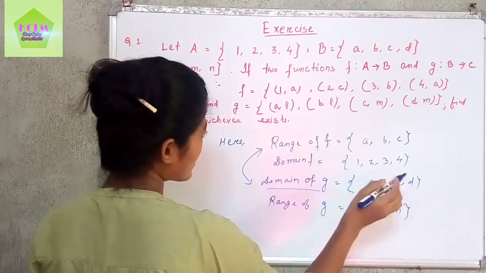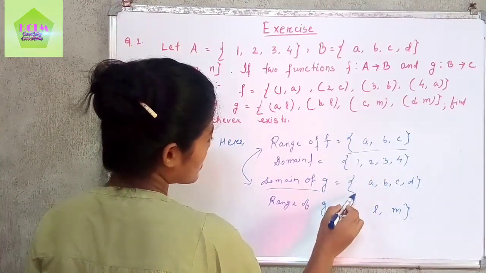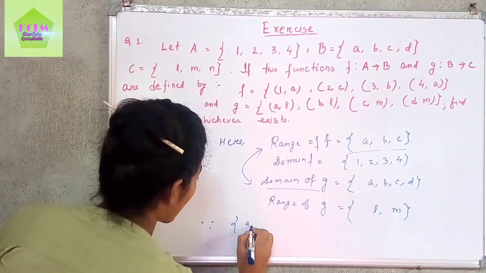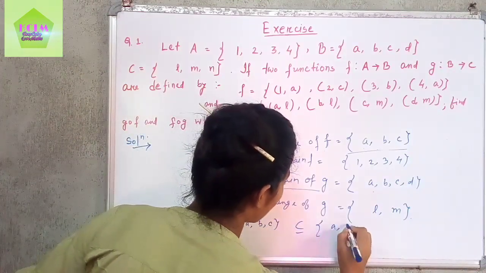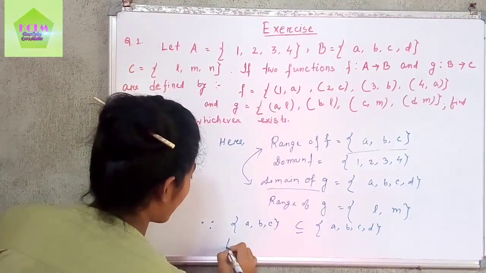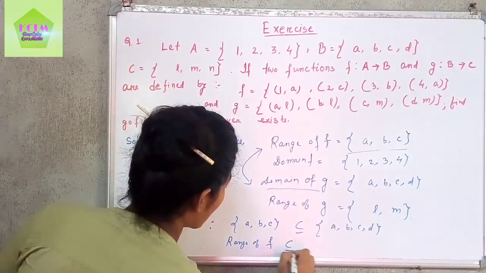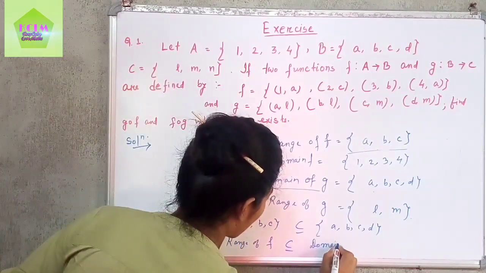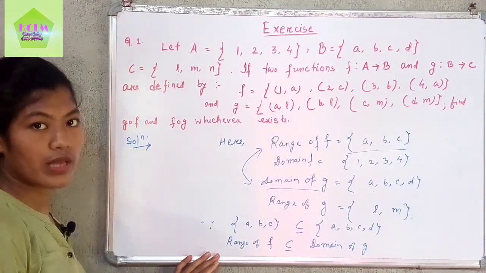Here we can see that the set {a, b, c} is a subset of the set {a, b, c, d}, or we can say the range of f is a subset of the domain of g. Therefore, the composite function g∘f exists.